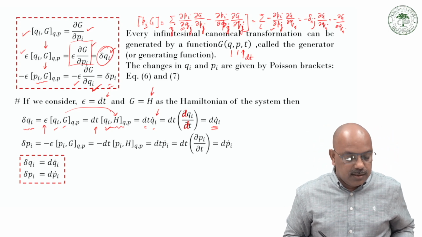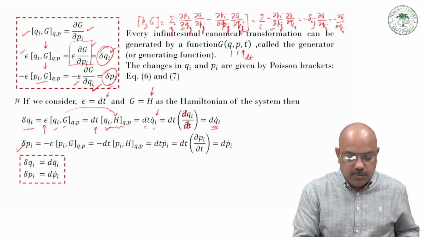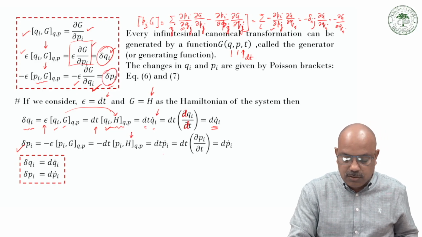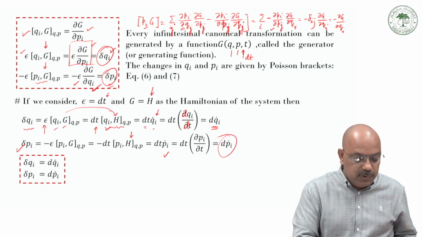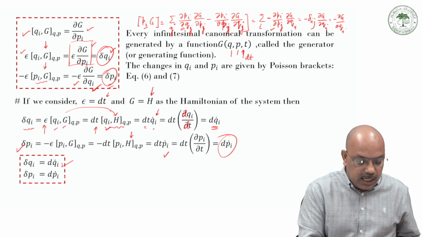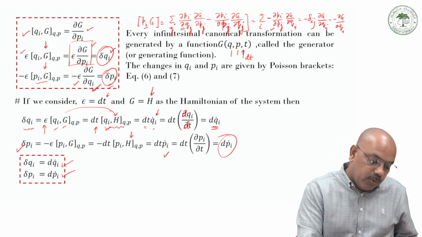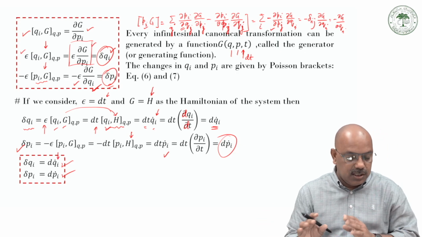Similarly for dpi, if I put the Hamiltonian here, this is going to be pi dot, so that is delta pi dot. So I have two relations: delta q is q dot dt, and delta p is p dot dt.